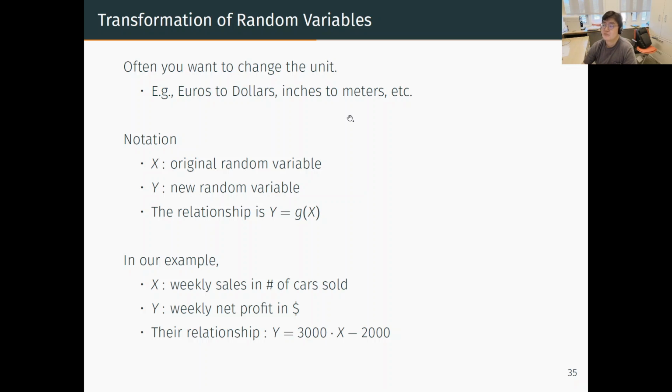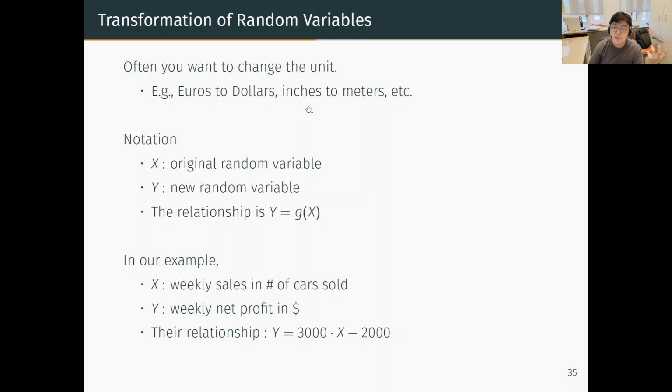For example, the euro and dollar exchange rate just expresses the same value. Like a computer is, say, $500 in the United States, but it could be, I don't know how much, like 600 euros in Europe, right? So the value is the same, the same computer, but the units are different.